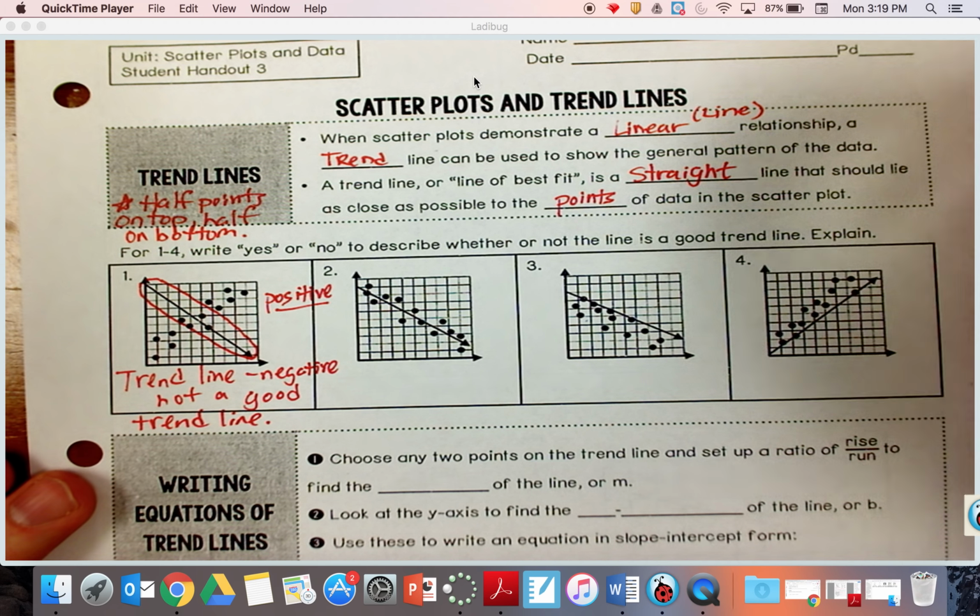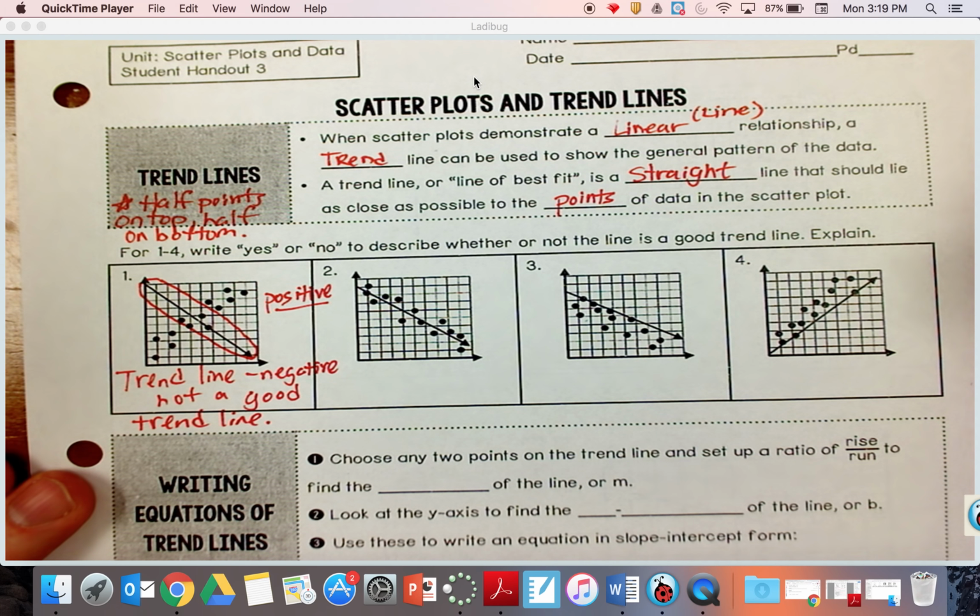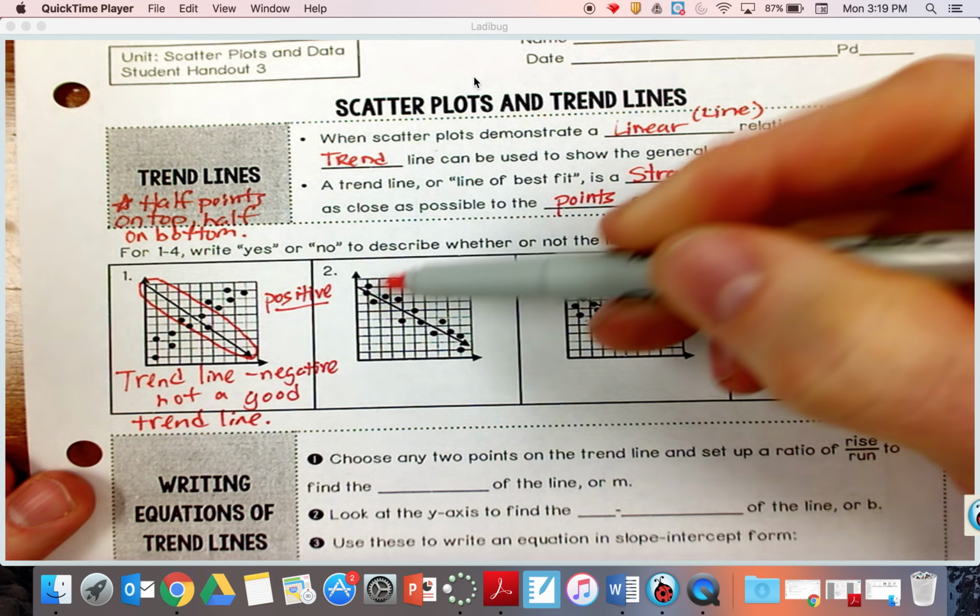The second one here, we can see our scatter plot is flowing down negatively. And we look at our trend line, and it's also flowing down negatively, so it's following the trend of the scatter plot. But the next thing we have to look at is, is it hugging or going through the middle of all those points? Is it a good representation, as close to all those points as we can see? And if it is, it's a very good one.